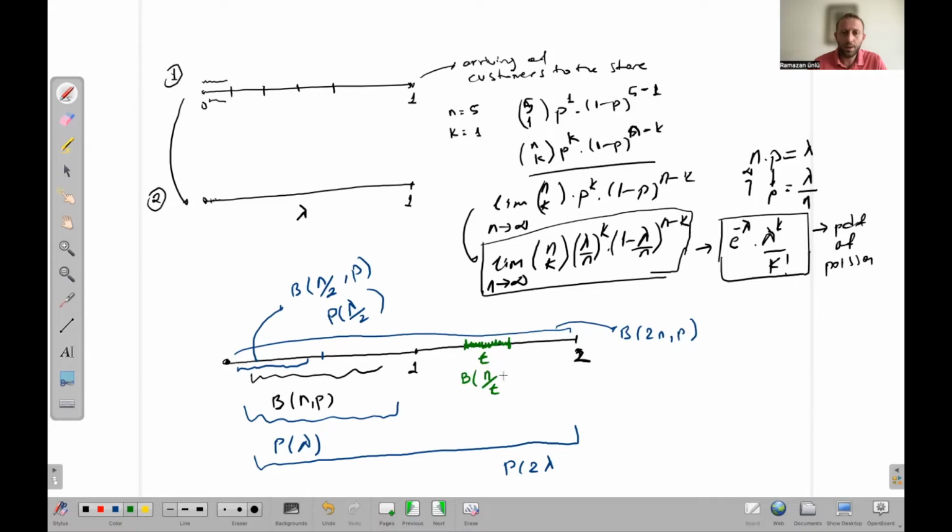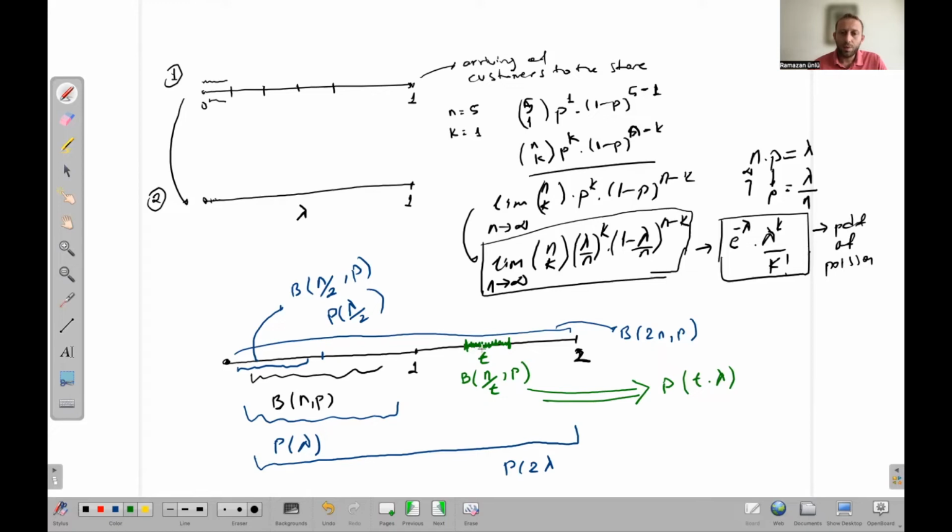So that time interval has a binomial distribution with the parameters n over t and p, the probability of success. How can I approximate this one to the Poisson? That will be the Poisson distribution with t times lambda. So I can approximate any binomial distribution to the Poisson distribution based on the particular time interval.